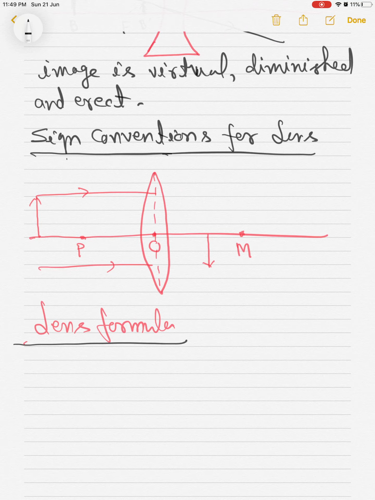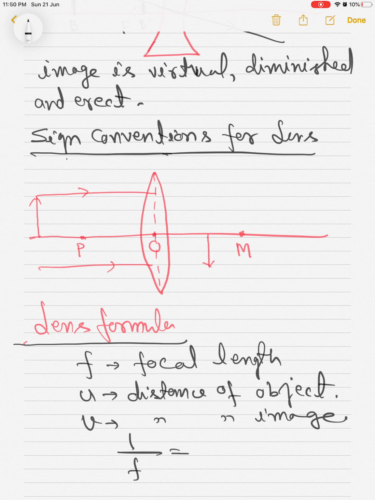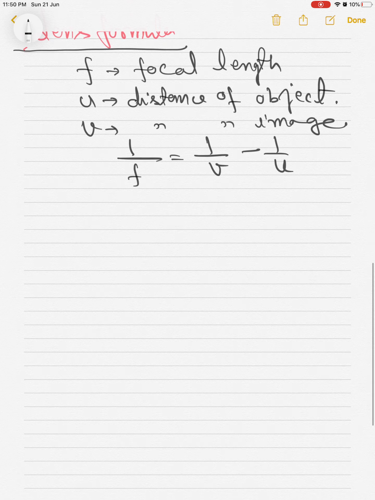If f is the focal length, u is the distance of the object, v is the distance of the image, then 1 upon f is equal to 1 upon v minus 1 upon u. When we use this formula, we should take distances according to the sign convention.